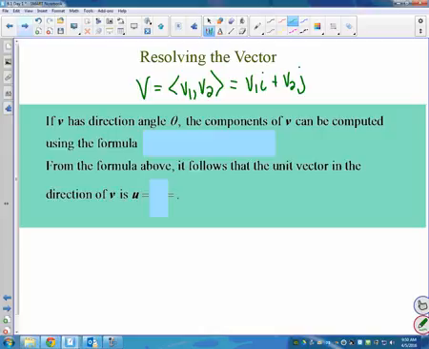So what if they give you an angle and you need to find the components of your vector? It says if B has direction angle theta, the components of B can be computed using this formula. I want to show you where this formula comes from. Let me give you this and then I'll show you where it comes from.